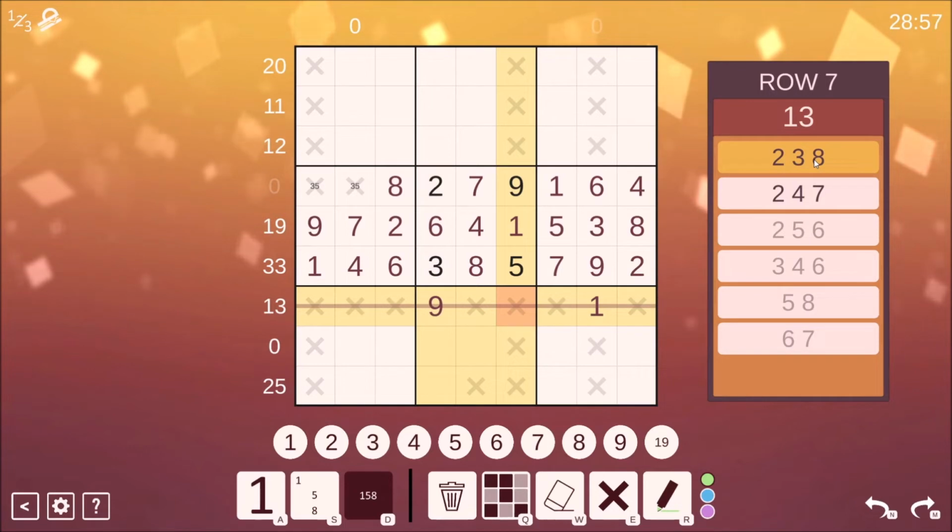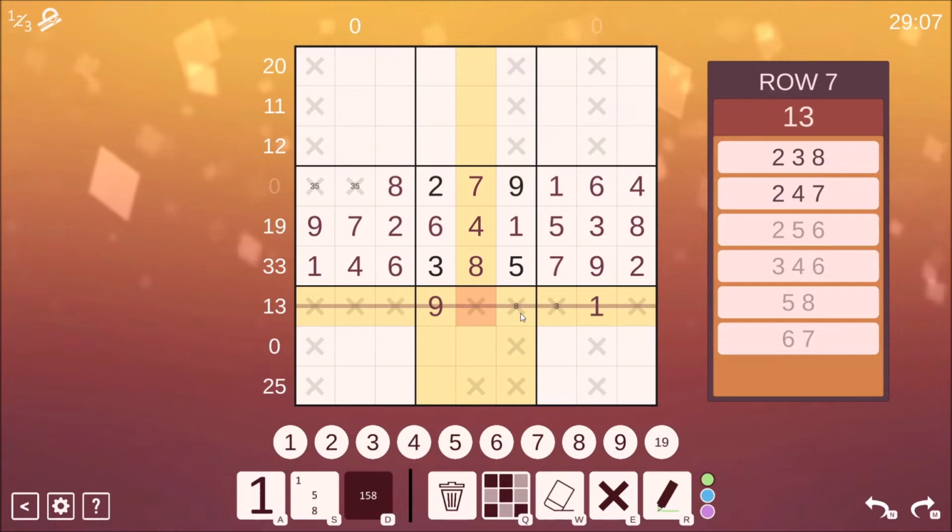This 2, 3, 8, we would have to place the 8 in the middle, a 3 next to this 1, because the 7 blocks a 7 there, and the 1 blocks a 2 there.